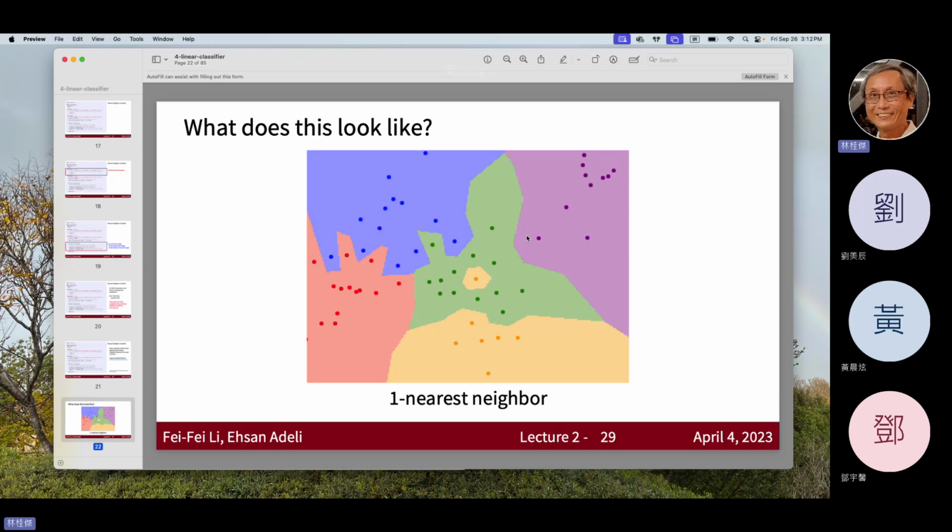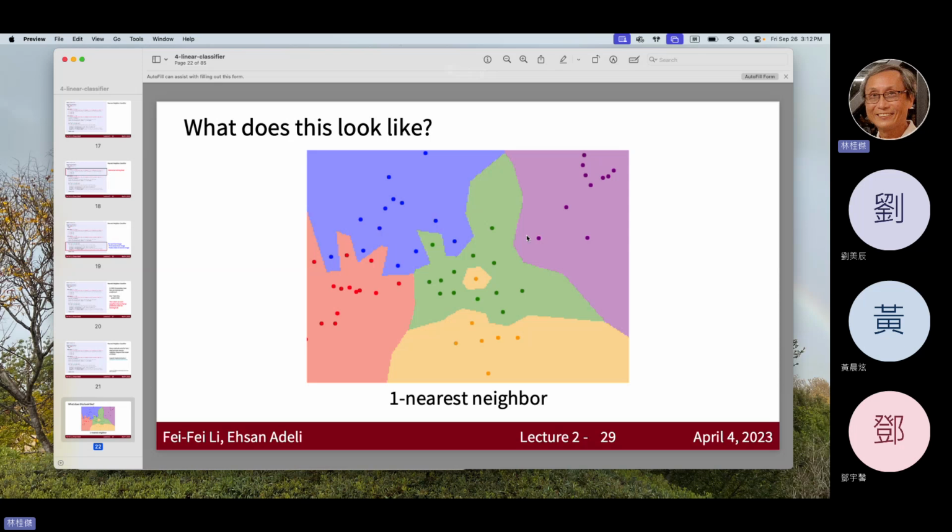So therefore you will say, oh okay, I belong to this particular class with this particular column. This picture here is one nearest neighbor, meaning that we already have the answer for each of these dots here, and we are computing the distance between your input and each of these correct answers.